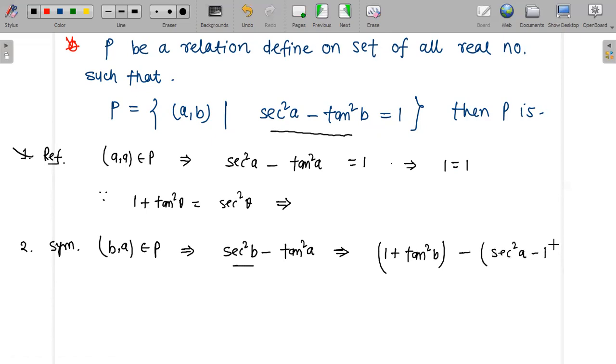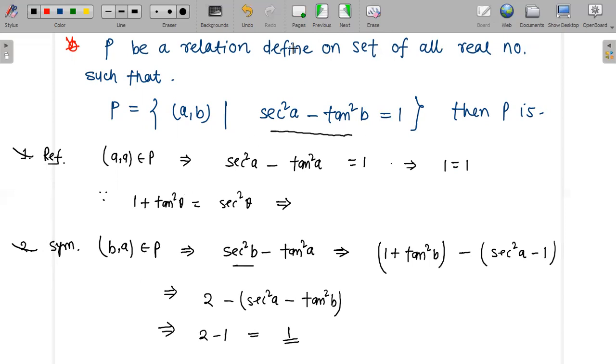So now this expression is nothing but 2 minus secant square a. Let me take out negative 1 as common, minus tan square b. And from the given relation, since a comma b is a part of relation P, the value of secant square a minus tan square b is 1. Thereby, the value of this expression is equal to 2 minus 1, which is 1. So that will make your relation a symmetric one.